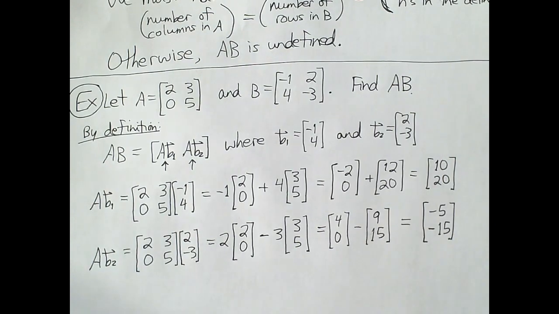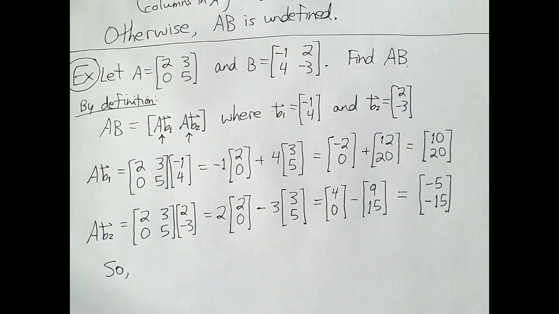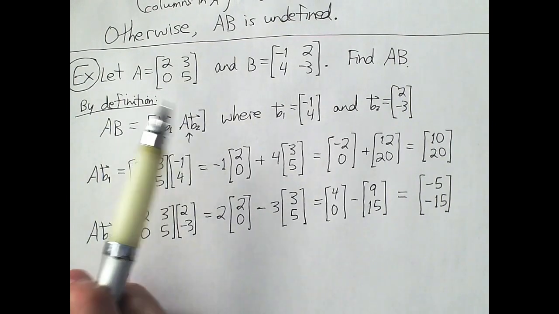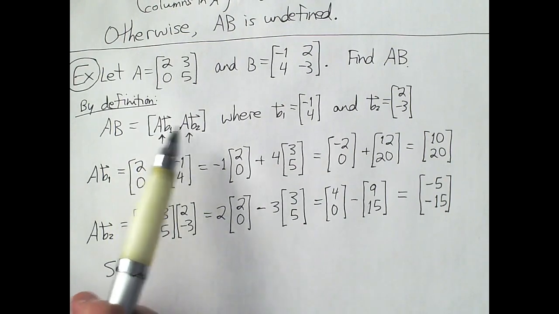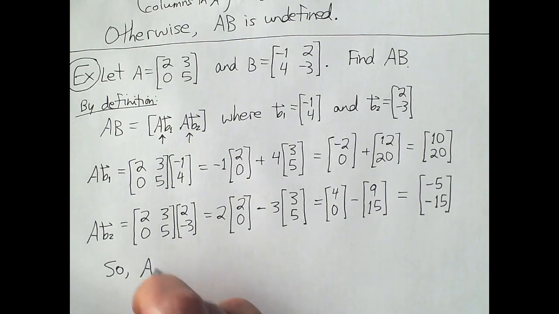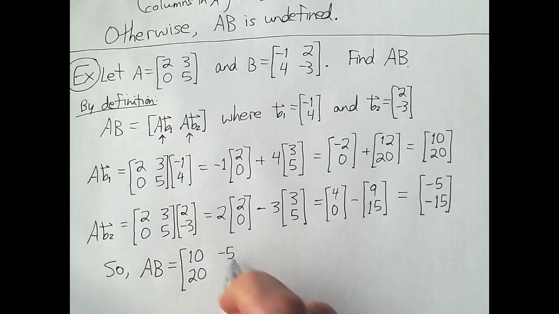But let's just make sure that we write our finished answer to this question. Did we find AB? AB is supposed to be this matrix. It has this column and it has this column. We found the columns separately, but for our final answer, we should put them together. And we found 10, 20 is the first column, -5, -15 is the second column.